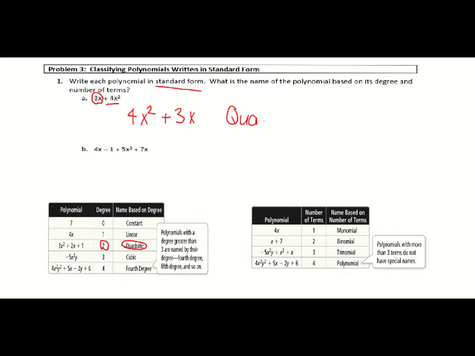Anything where the highest exponent is a 2 is a quadratic. And how many terms do we have? 2 of them, 4x squared and 3x. So if I name this based on the number of terms, there are 2 terms, so this would be called a binomial. So 4x squared plus 3x would be known as a quadratic binomial.